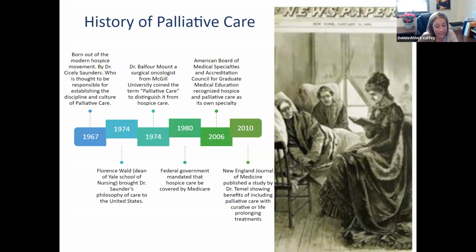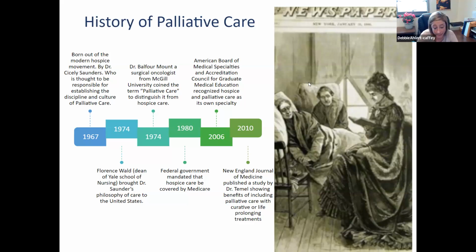Jumping forward a few decades, we started to have more studies showing that palliative care actually helps people live longer, better lives, providing them additional support and symptom management. They live better, longer lives with it than without.